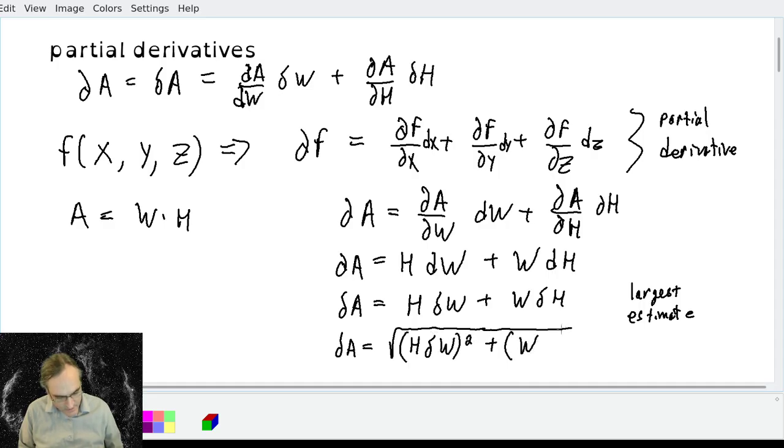And to add in quadrature, you take each of the terms that would appear in your largest estimate, you square them, you add them together, and you take the square root. So this is usually more realistic.